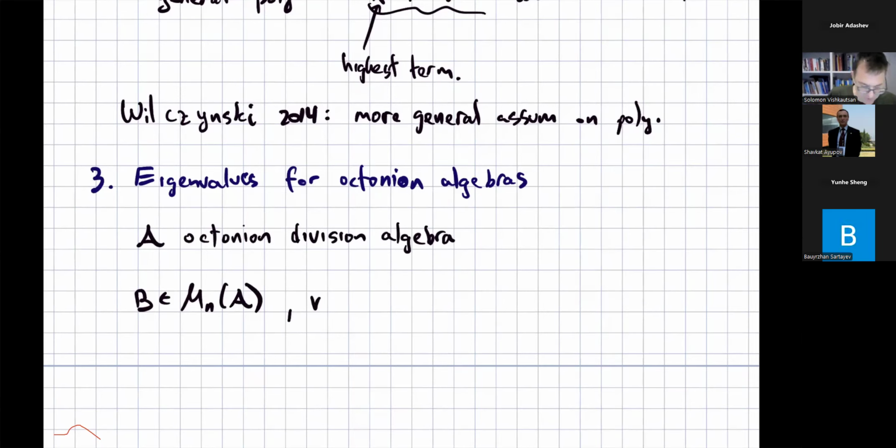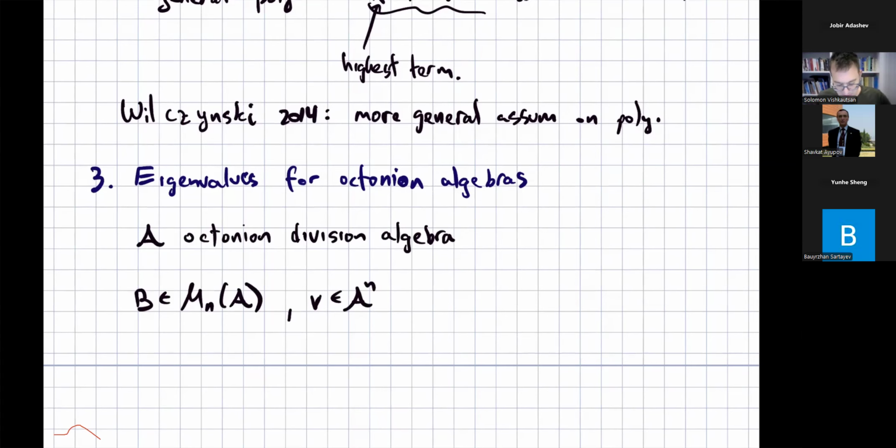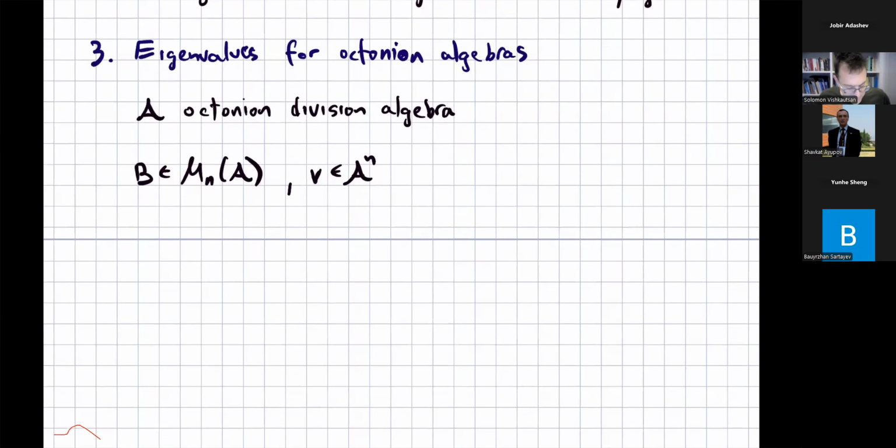And we take a vector. Well, A^n in this case is a vector space over the base field. It also has a module structure over our algebra, the left and right module structures. We are looking at 2 different types of eigenvalues.